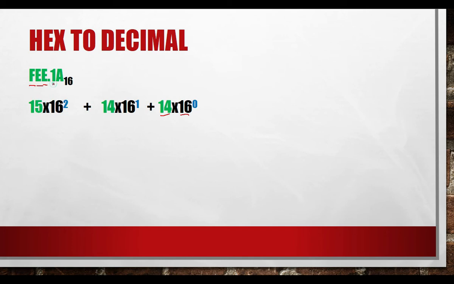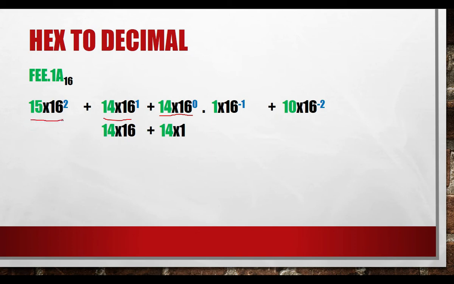And then let's work on the fractional part, plus 1 times 16 raised to negative 1, plus 10 times 16 raised to negative 2. Now let's simplify this part. So 14 times 16 raised to 0 is 14 times 1, then 14 times 16, and then 15 times 256.